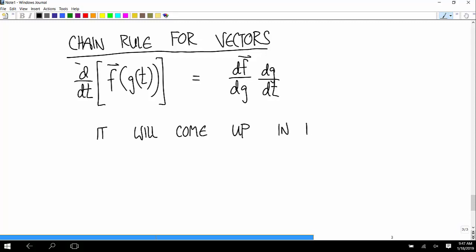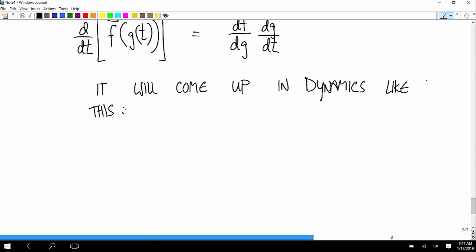So it'll come up in dynamics like this. So we know that acceleration is the time derivative of the velocity, right?